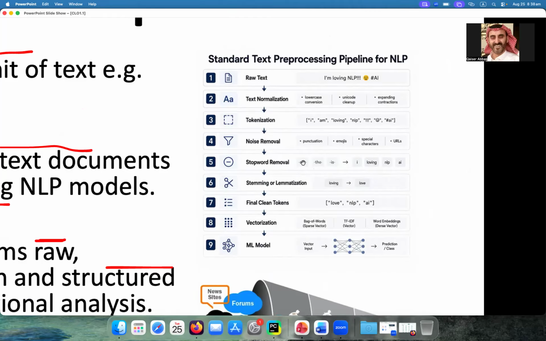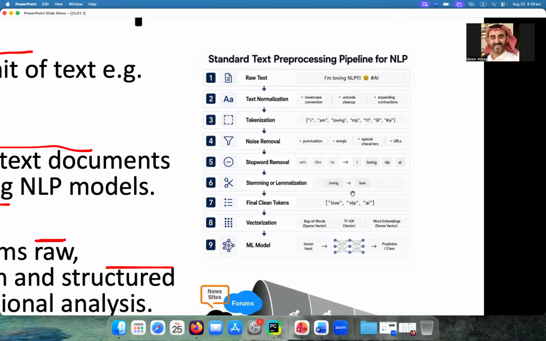So that's why we are removing these. And then finally, we will have "I loving NLP AI" remaining from your input data. And then stemming or lemmatization, okay. Here we are applying this stemming or lemmatization step, and then loving will be changed to love.